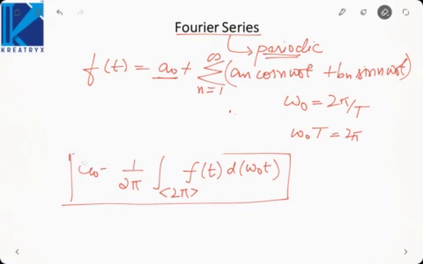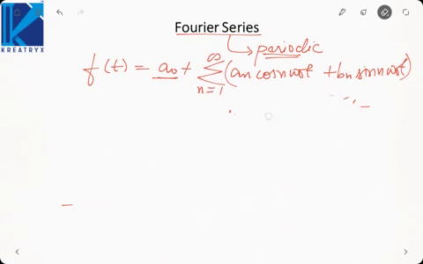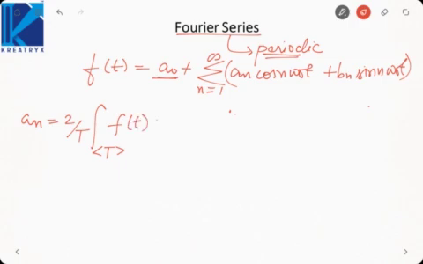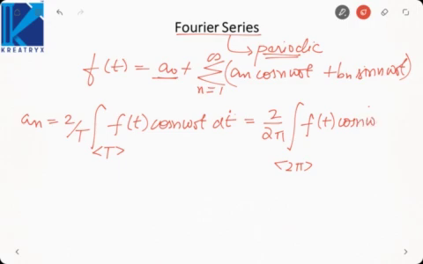Now the next coefficient, which is an. An is written as 2 by T integration over T of f(t) cos n omega naught t dt. Again multiply and divide by omega naught, so it will be 2 by 2 pi integration over 2 pi of f(t) cos n omega naught t d omega naught t.